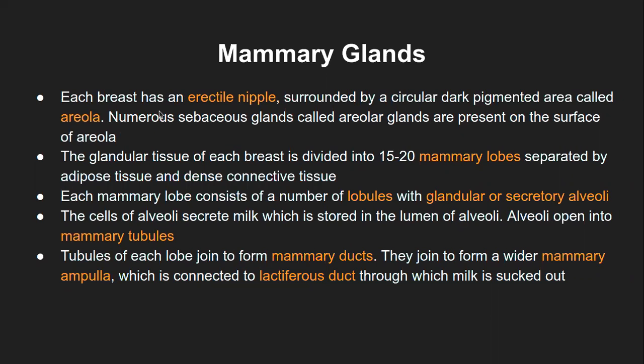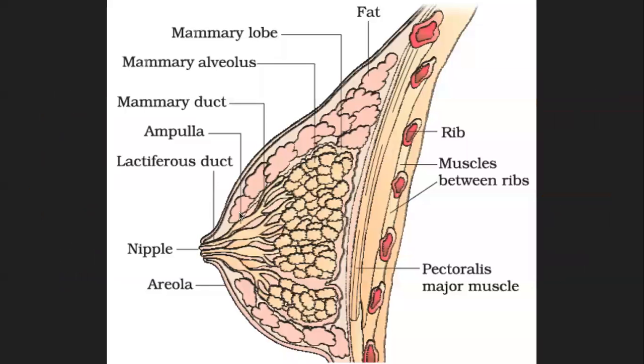Now each breast has an erectile nipple surrounded by a circular dark pigmented area called the areola. If I have to show you, of course, this is the nipple, that is the opening, and the areola is the small area present around the nipple in a circle, which is a little darker compared to the rest of the breast structure.